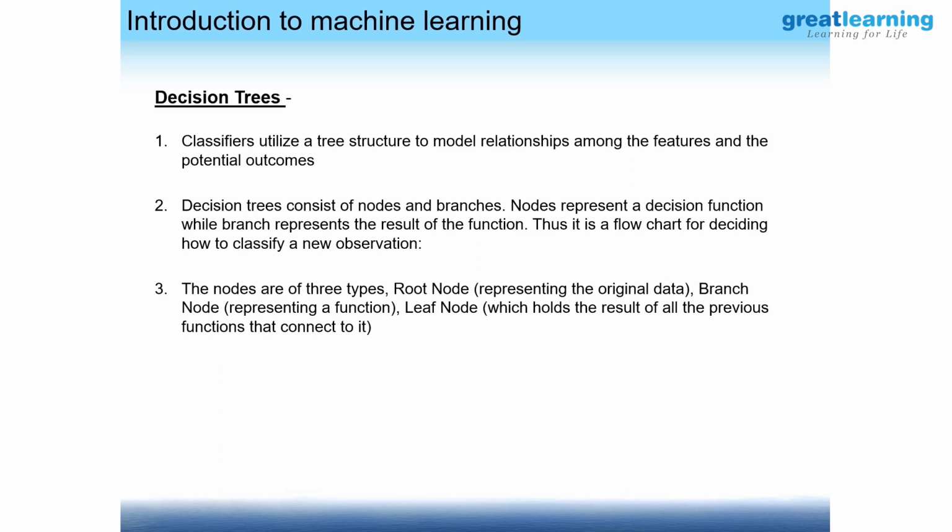The result of the function can be this or this, binary result, true or false. So this is the result of the function executed here. These are the results of the function executed here. So at each node, we execute a function. All these are functions.